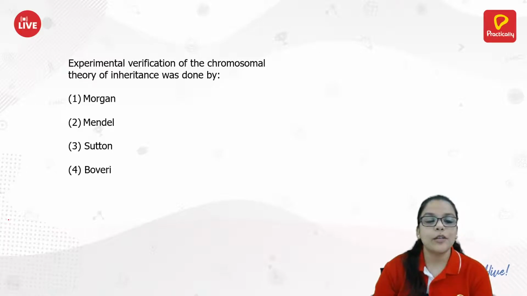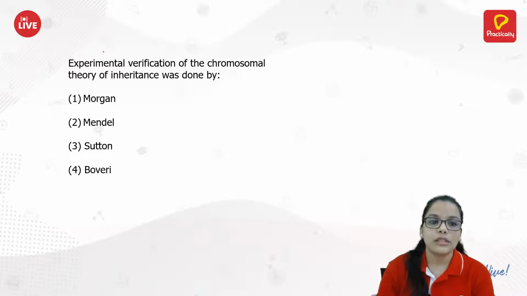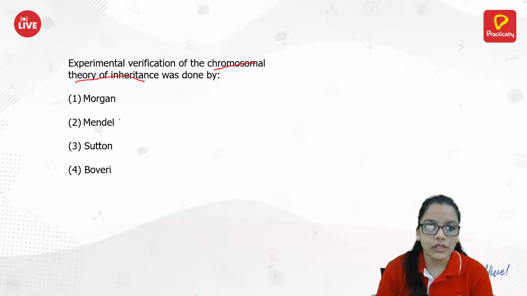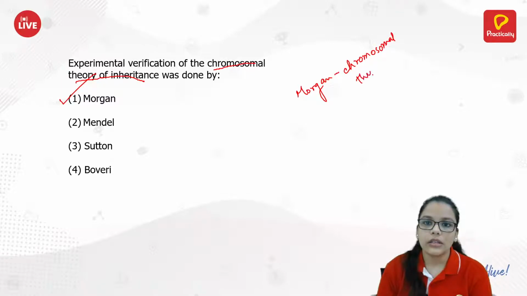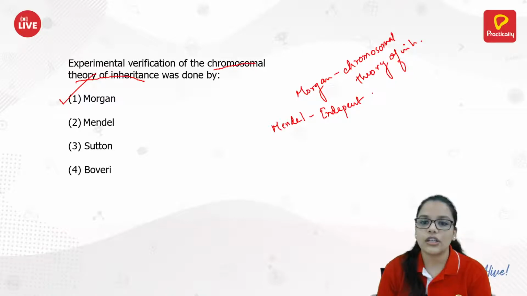Let's see. Next, experimental verification of chromosomal theory of inheritance. Just note it, it's not independent segregation or anything. It was chromosomal theory of inheritance. The options are Morgan, Mendel, Sutton and Boveri. This is Morgan, because Morgan gave the chromosomal theory of inheritance. Mendel gave independent segregation.